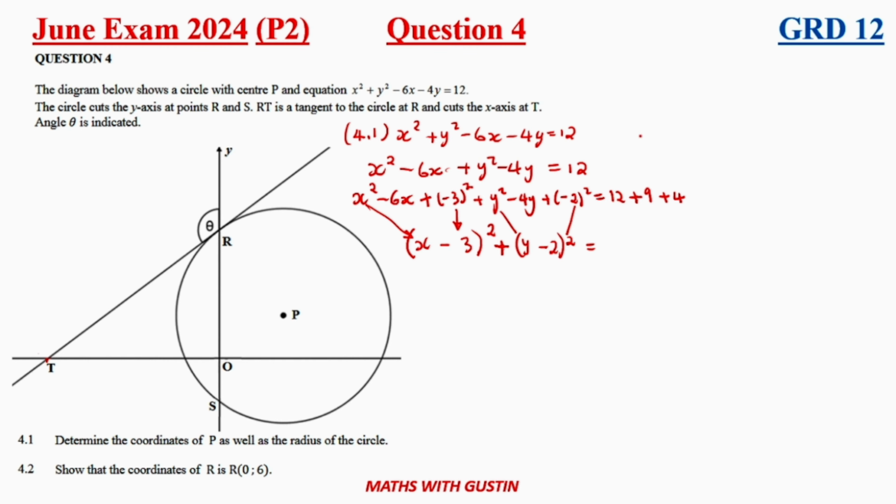Therefore you add what is on this side, and now you will get 25. So the coordinates of P, we know, should be (3; 2), and therefore our radius, by looking at this, is going to be 5.